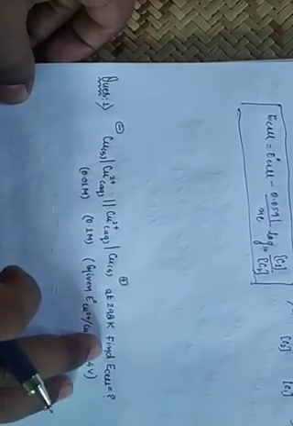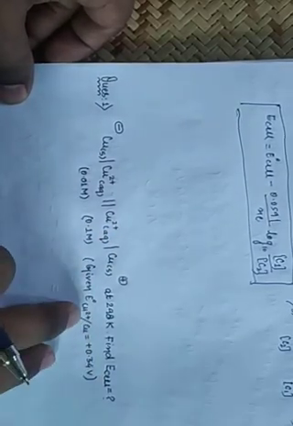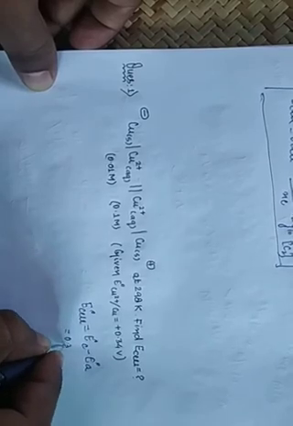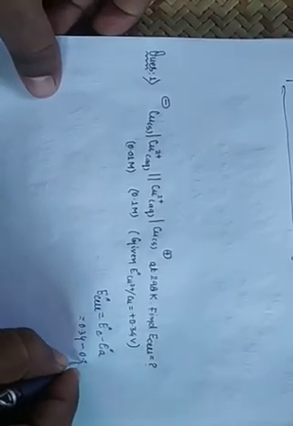At 298 Kelvin, find E cell given the value of E naught for Cu2 plus. First you can write E naught cell is equal to E naught cathode minus E naught anode. The E naught cathode value is 0.34 and the same for the anode, 0.34.